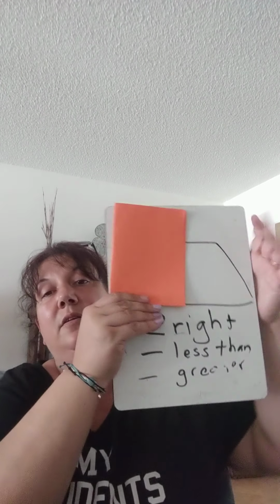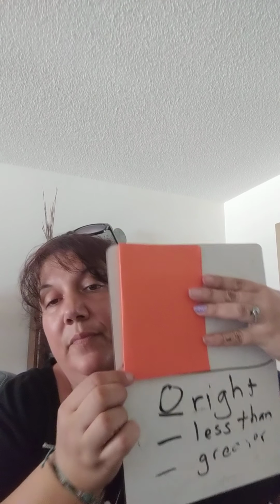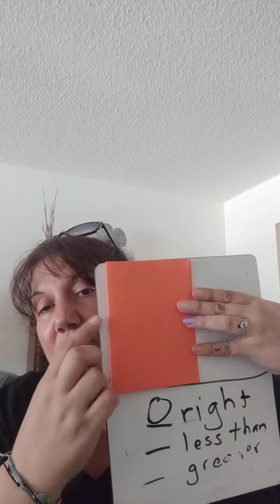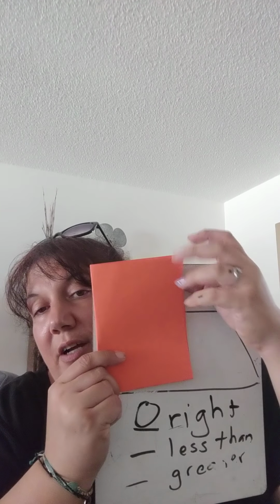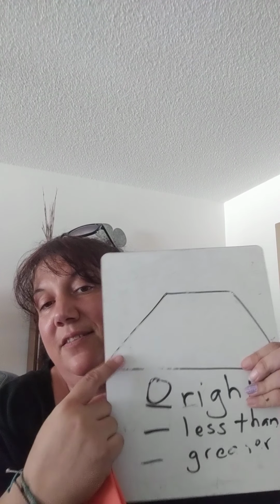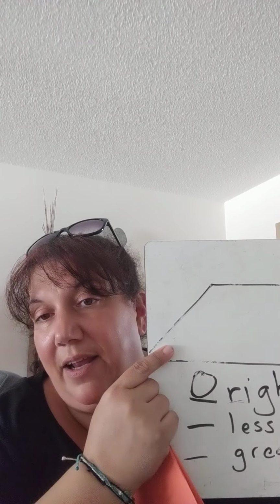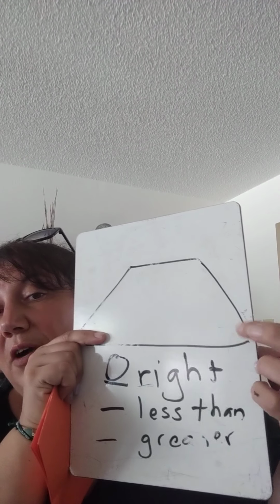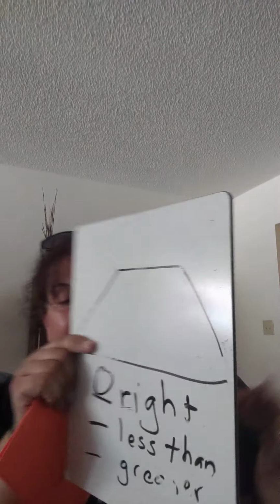Okay? Now let me test the other ones. Let me test this one right here. I'm going to put it on the corner. Oh, and that line is not shooting out. It's actually under the paper. It's coming under here. So this is less than a right angle, which means this one across from it is also less than a right angle.